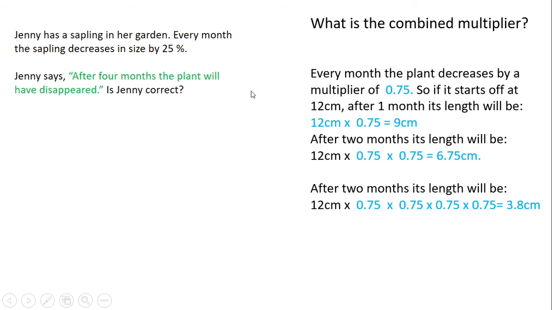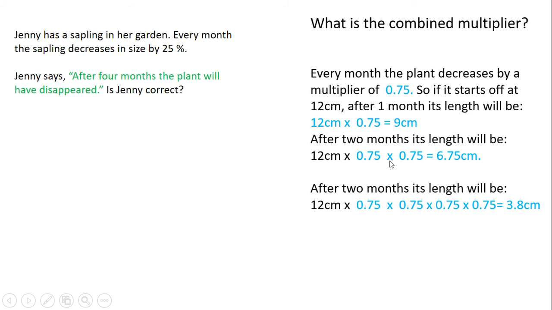So when we're doing compound decrease, we need to think, right, its full amount was 12. If its full amount was 12, we knock 25% off that, and then we knock 25% off the new amount to get this. Okay, so that's how we do compound decrease.